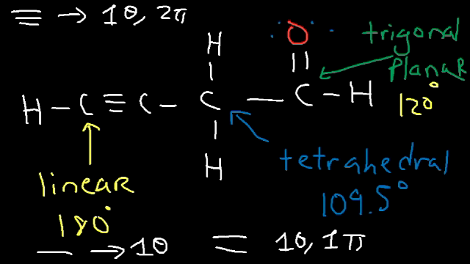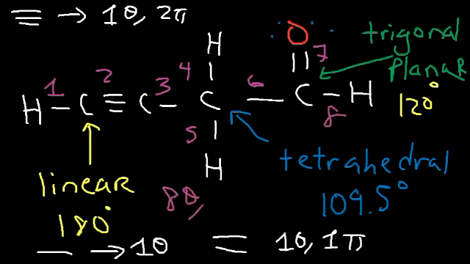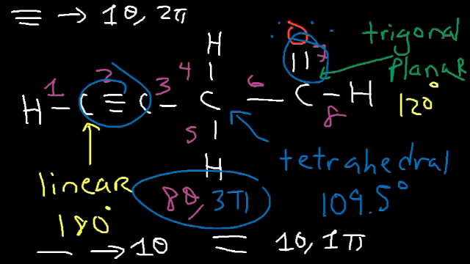So let's count the sigma bonds first. So it's going to be 1, 2, 3, 4, 5, 6, 7, 8. So there's 8 sigma bonds in this compound. Now, how many pi bonds are there? Now, a double bond has one pi bond, but a triple bond has 2. So this molecule has 3 pi bonds and 8 sigma bonds.